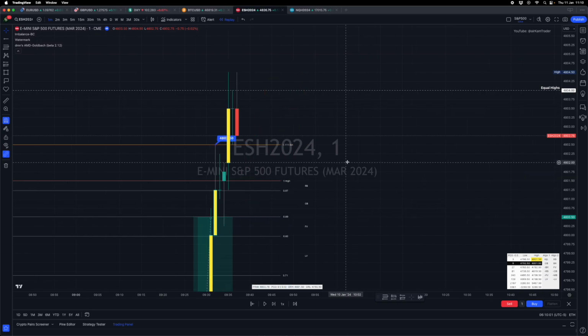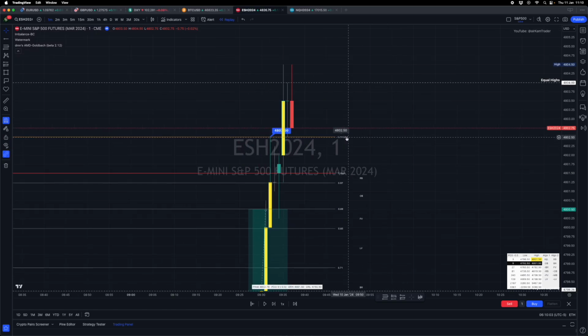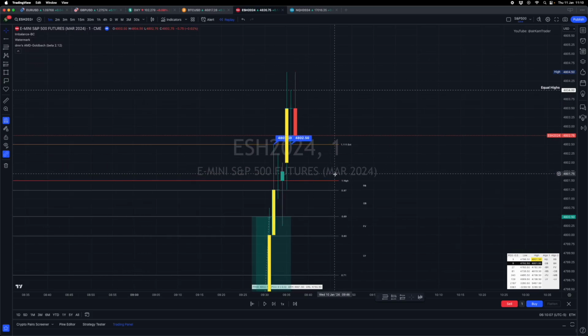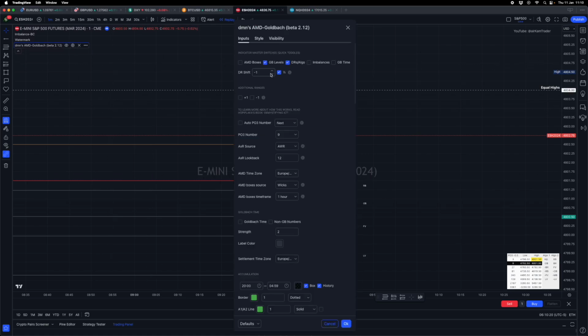And then we bounced off of the bottom of the extension, which would now be, because now we are above the high of the previous dealing range. So the next dealing range will be from here upwards. So this old high would now be the low of the next dealing range. So because I'd stuck price there, it's not moving with me. Now it will move with me.